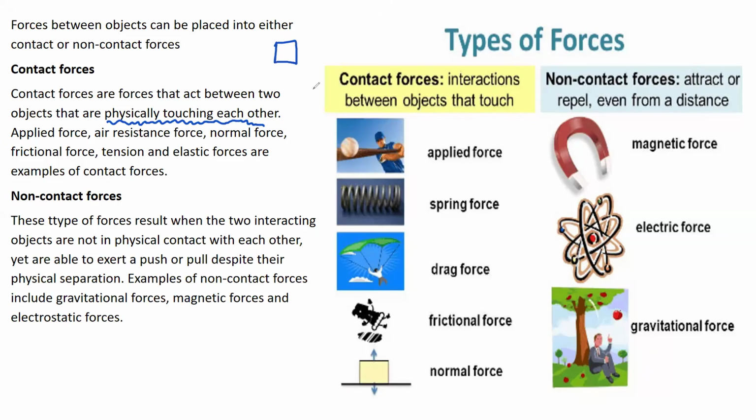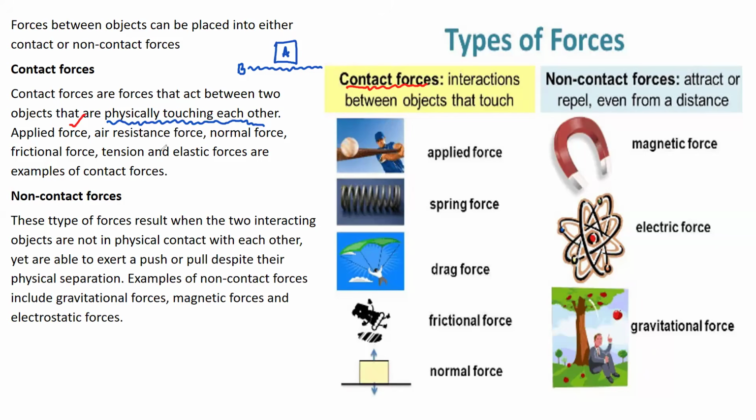Object A right here, and then there is the surface right there, surface B. So the object A and the surface B are in physical contact with one another. They belong to a group of forces known as contact forces. On my set of notes here, your syllabus requires you to know these contact forces and to give examples of them.